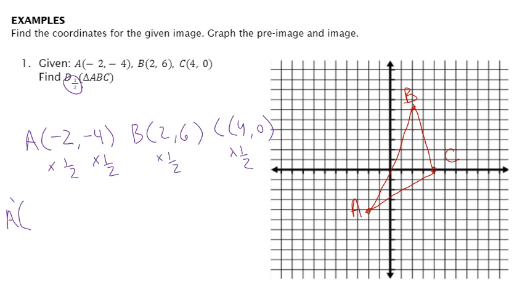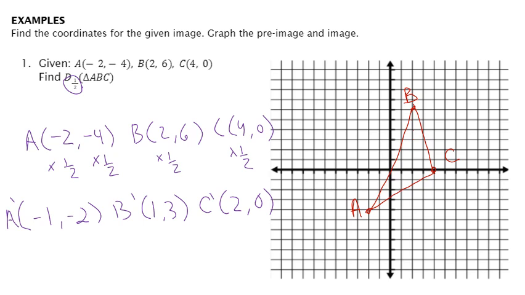So A prime is going to be -1, 2. B prime is going to be 1, 3. And C prime is 2, 0. So when I graph it, it should look similar to this figure in shape, and all the angles will be the same, but the sides will all be a reduction of 1/2.